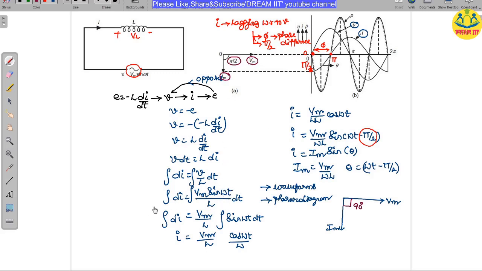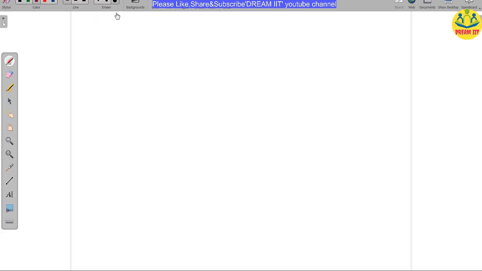Next, let us see the impedance of the circuit. What is the impedance of the circuit? We can write Z is equal to V by I, so Vm by Im.